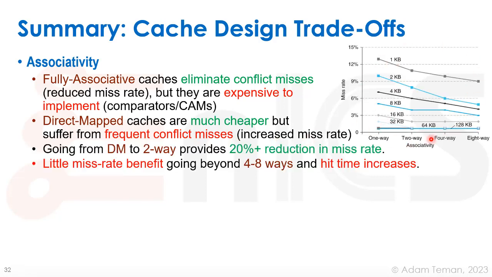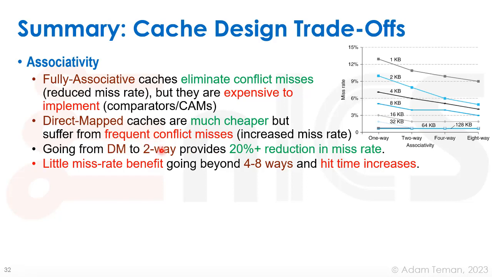There's a famous plot here from Patterson and Hennessy, which shows what happens to the miss rate as we change associativity from 1-way to 8-way. We see that there's a big jump going from direct-mapped to 2-way, maybe a 20% or more reduction in miss rate. Again, this depends on our complete architecture, on our workload and so forth, but this is a good number to talk about.